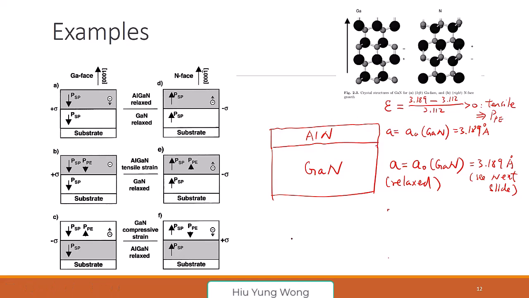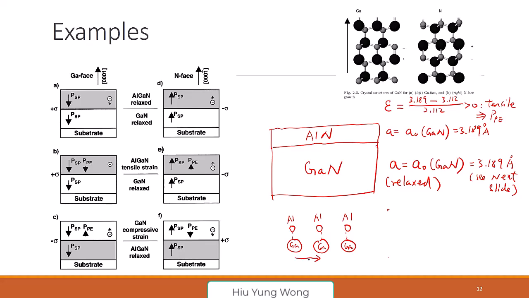So if this is just a simple structure, if I have gallium here, I want to put aluminum nitride on top of me. I need to put it in a way that they're one-to-one, right? Otherwise, they don't match the lattice constant. They will crack.